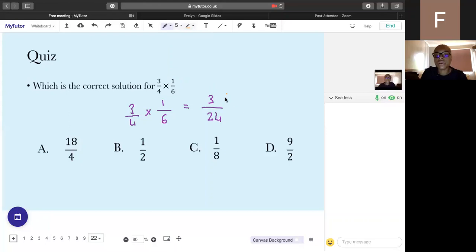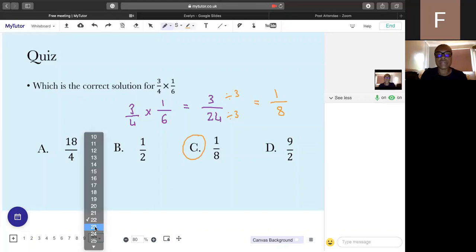So I can divide the numerator by 3 and my denominator by 3. So I would get 1, because 3 divided by 3 is 1, and then 24 divided by 3 is 8. So my answer would be C, 1/8. So hopefully multiplying makes a lot of sense.